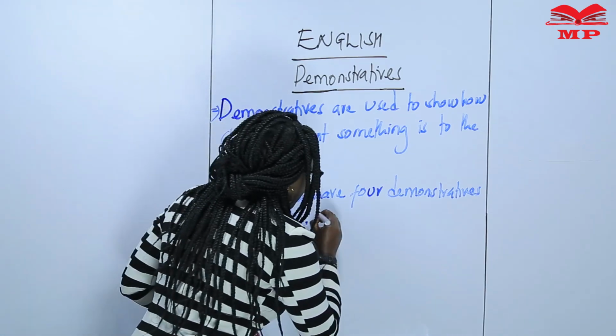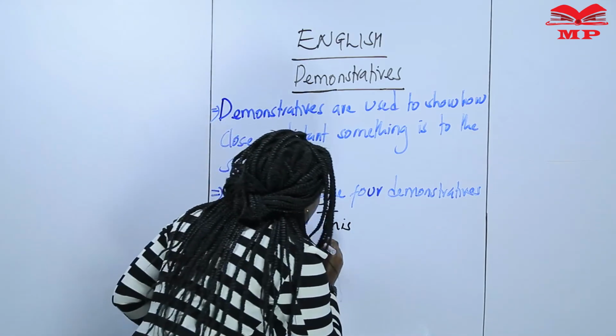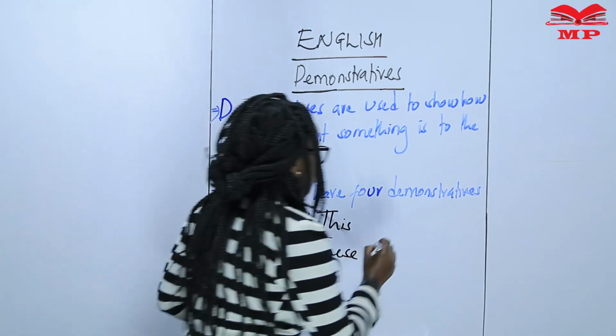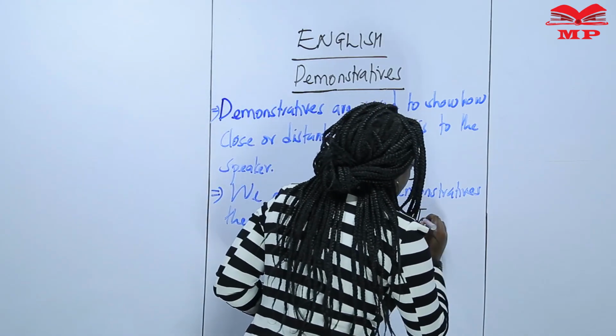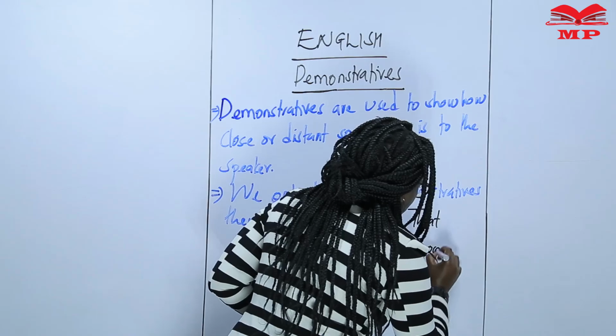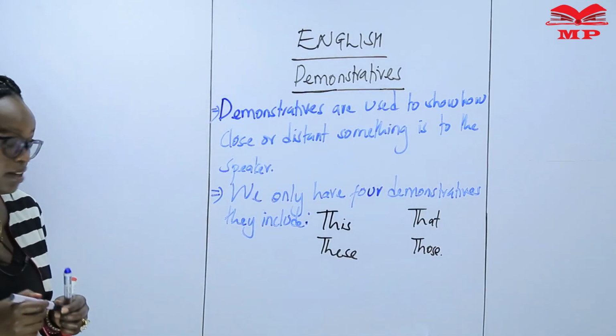The first one, we have this, and then we have these, then we have that, and then we have those. Those are the 4 demonstratives that we have in English.